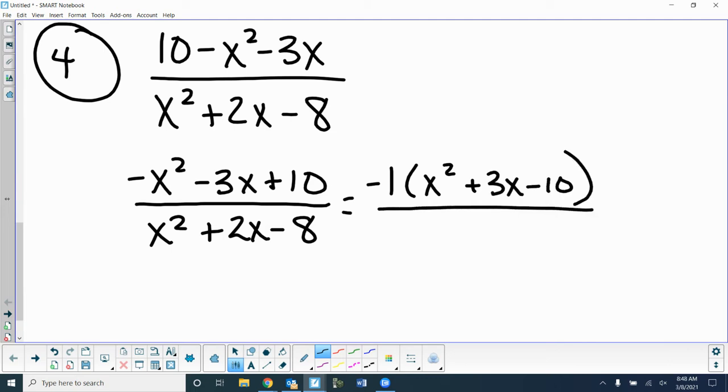That makes my 3x positive and my 10 negative when I factor out the negative 1. And every year I get kids that remember that. They do everything right, and then when they write their answer, they forget that they pulled that out. But don't forget that that's part of my answer, that negative 1 in front. Okay?